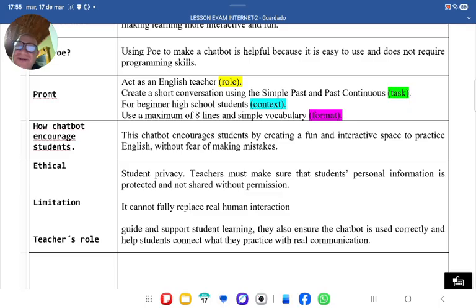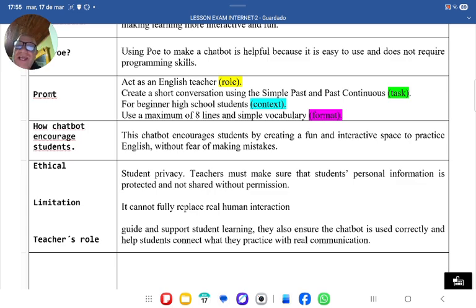If you realize, teacher, I wrote here the four main steps each prompt must have. For example, the role, the task, the context, and the format.